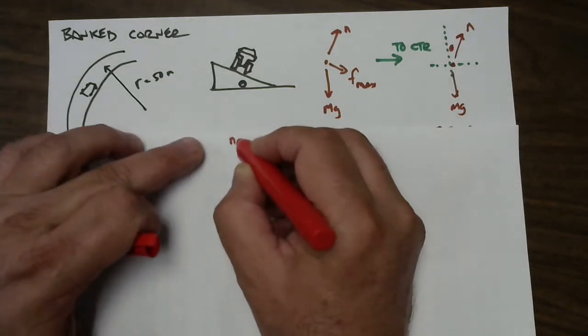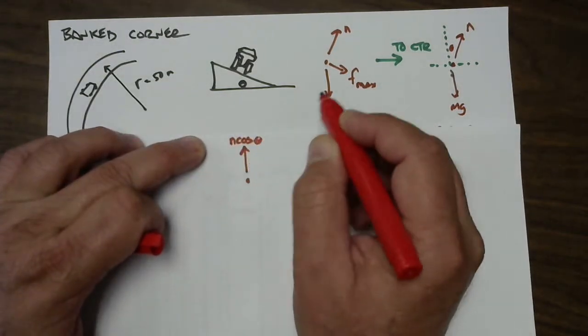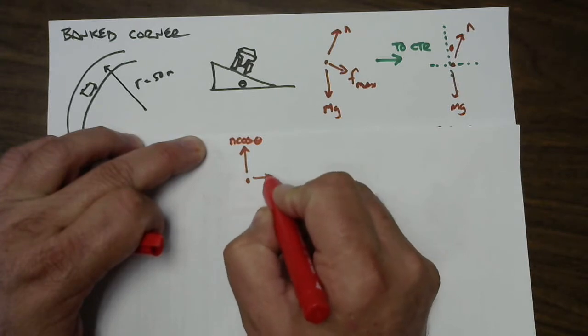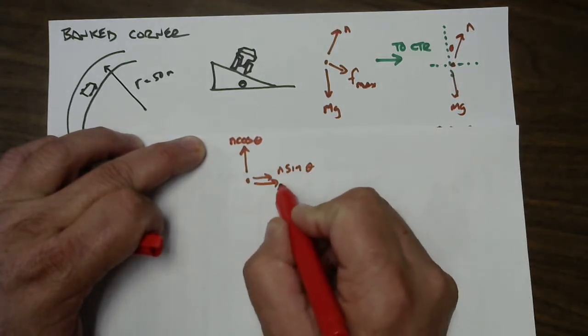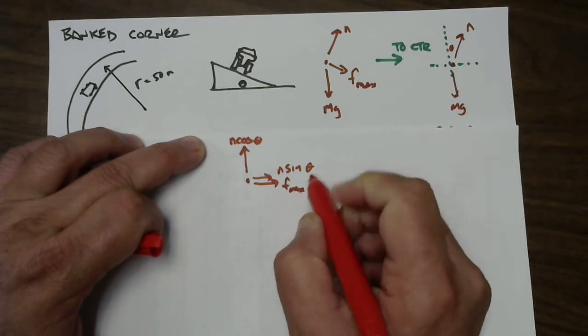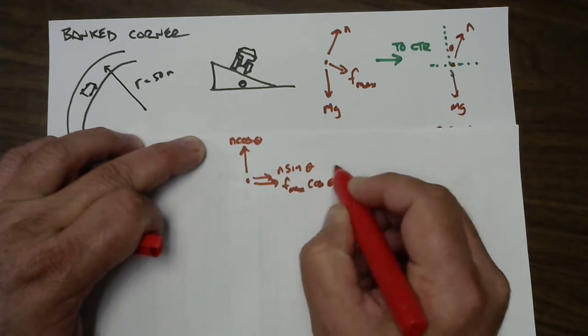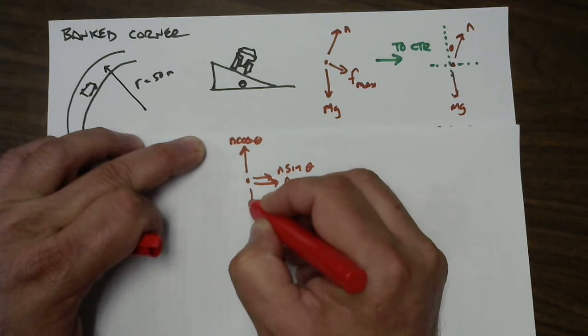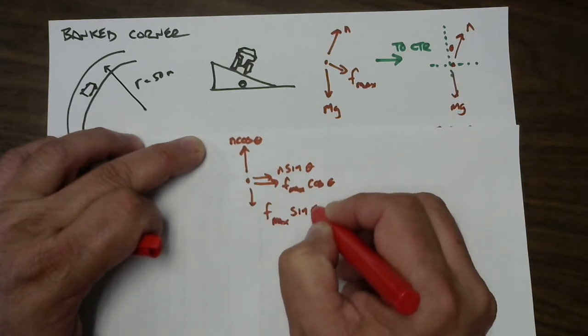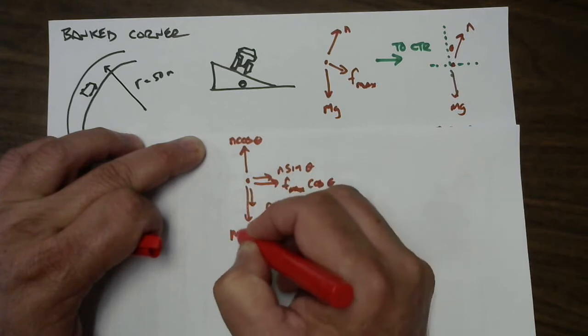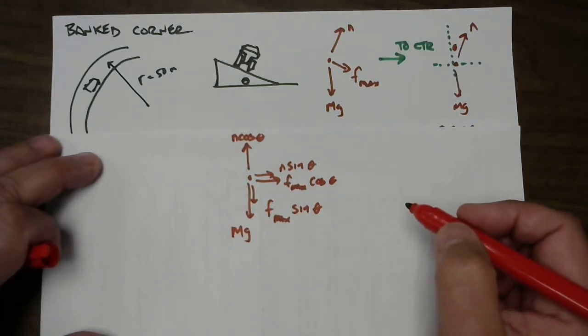We're going to have N cos theta this way, N sine theta this way, f max cos theta this way, f max sine theta this way, and m times g.